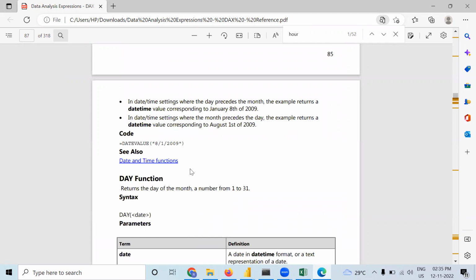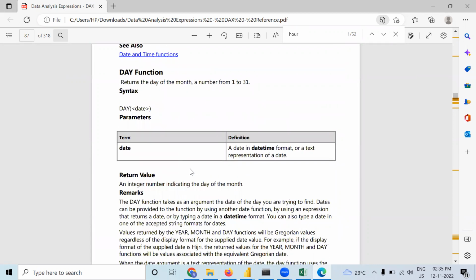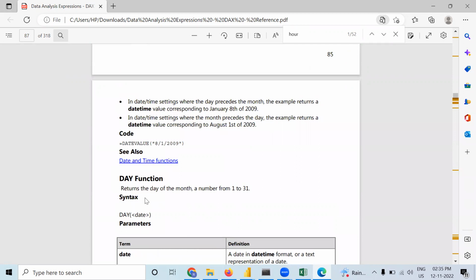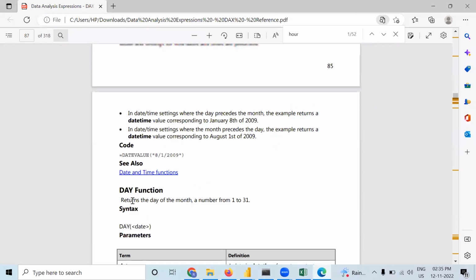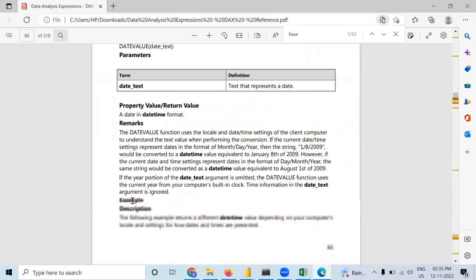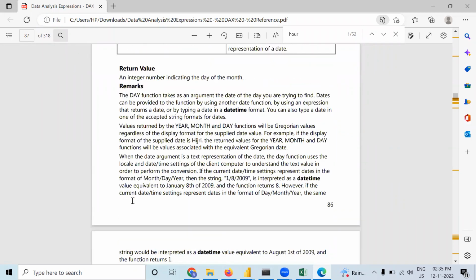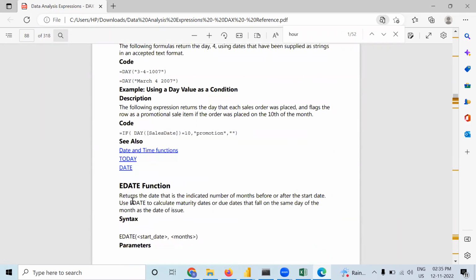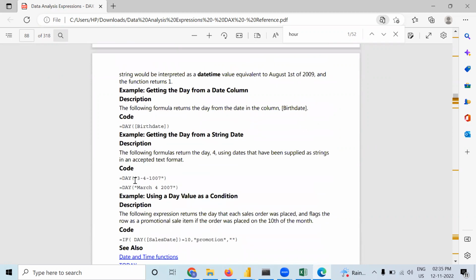So there are some functions, you can try them out one by one. As I already told you, if you want to find today's day or the day from any other date column you have, you can simply use the DAY function. Here you can see in any format they are, you can extract the day out of it.